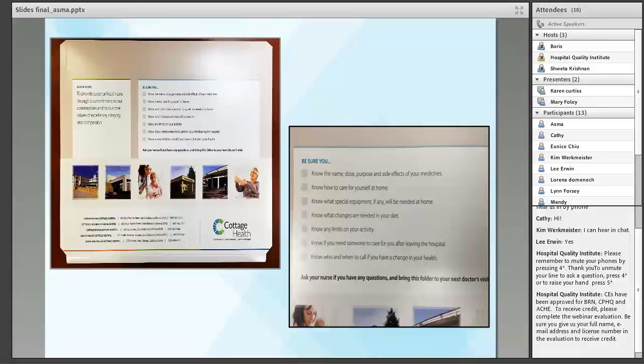I have another question. This is Karen. When you create your scripting, and I'm sure that you will, about how you share this folder with the patients, will you also have a script for sharing it with the family members who are there and have a way to sort of identify those family member care partners who are most likely to be on it?